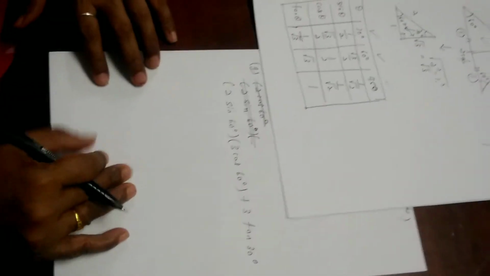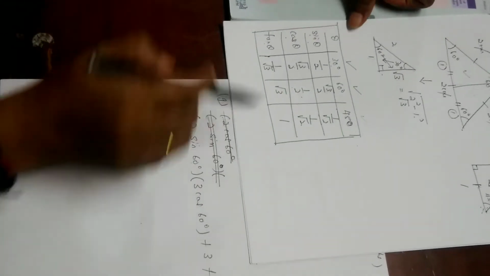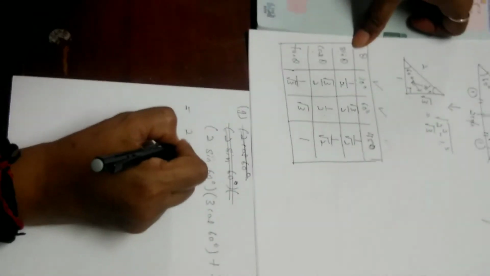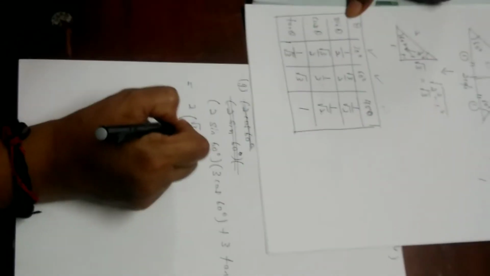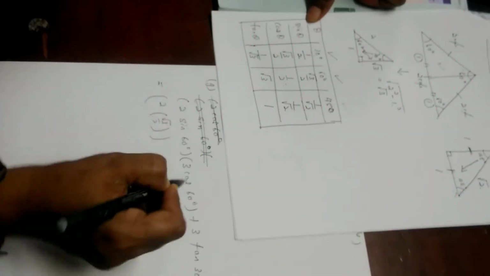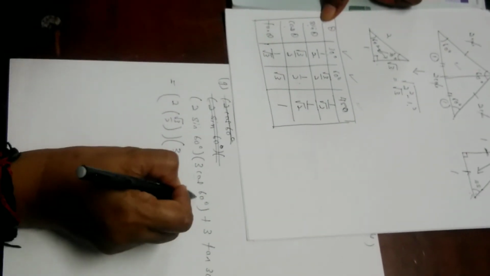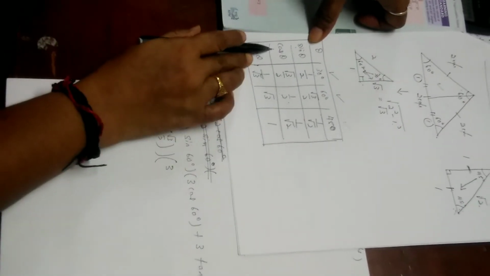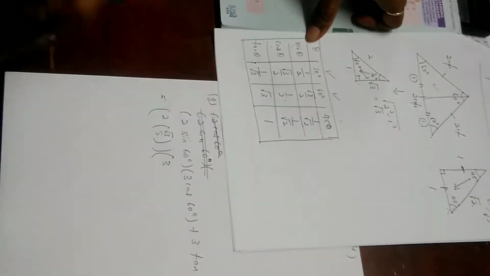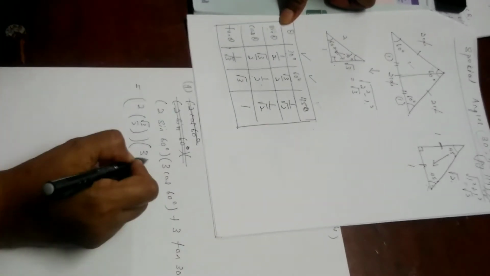Now let's say we have this 2 cos 60 degrees. So it's 2 cos 60 degrees, square root of 3 over 2. Now we come to this 3 cos 60 degrees. So 1 over 2 this one.